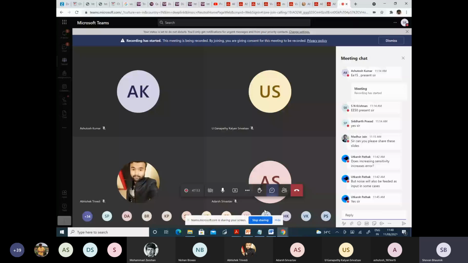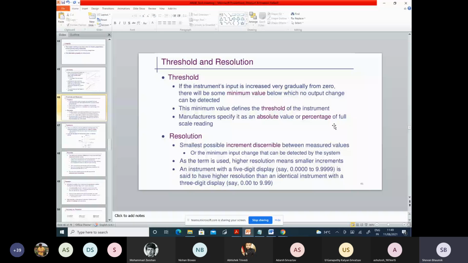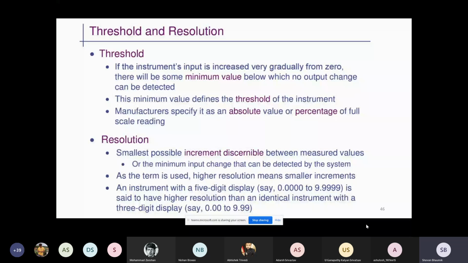Now let's come to the resolution and sensitivity. It is very simple. It is threshold and resolution. Threshold means the minimum change in input which can be detected, and resolution means the smallest possible incremental value.